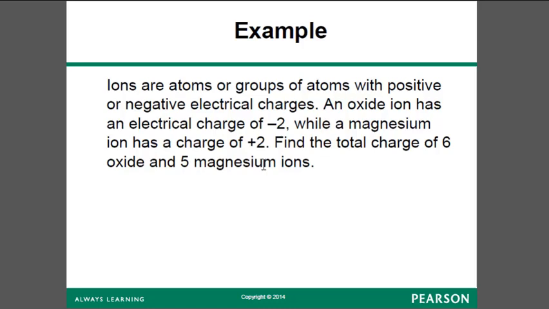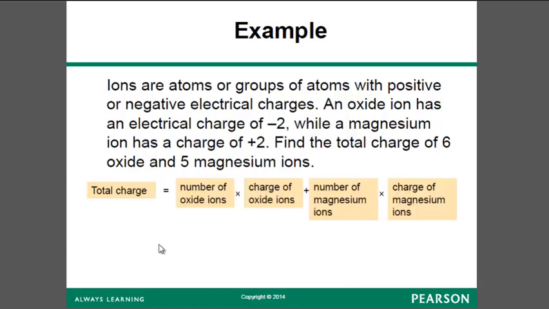What I have to look at is their charges individually. Oxide ions have a negative 2 charge. Magnesium ions have a positive 2 charge. So what I'm going to do is look at this right here.